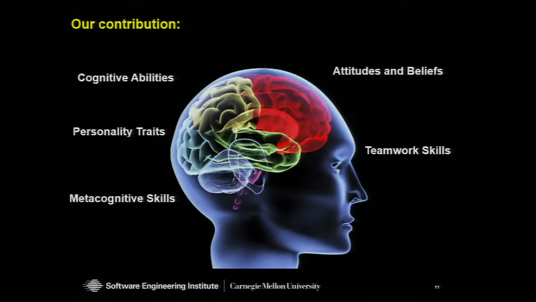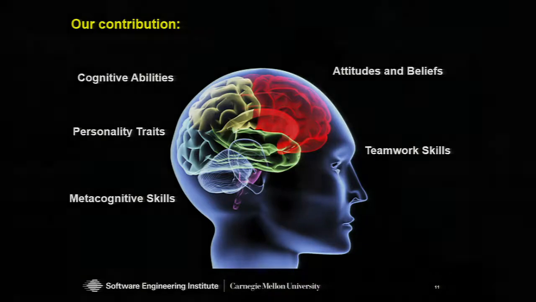And our contribution is we're going to reinvestigate a little bit more on the personality side. I think that it wasn't real well done, so I want to go back and see if there are relationships with certain kinds of personalities and the expertise development, as well as look at things like metacognitive skills and teamwork skills. And teamwork skills includes things like leadership. It includes troop leading procedures, communication strategies, etc.